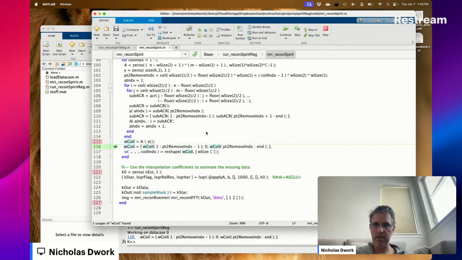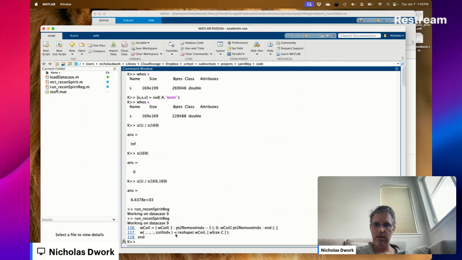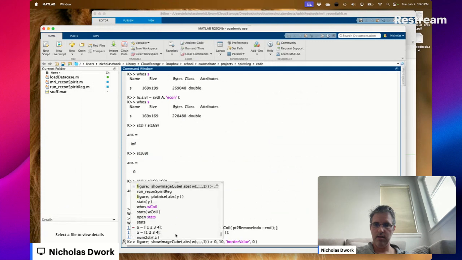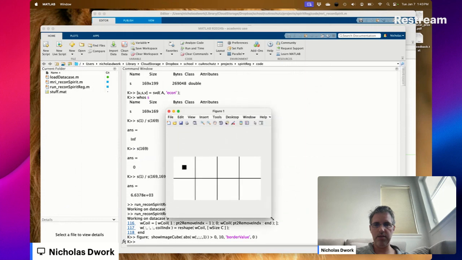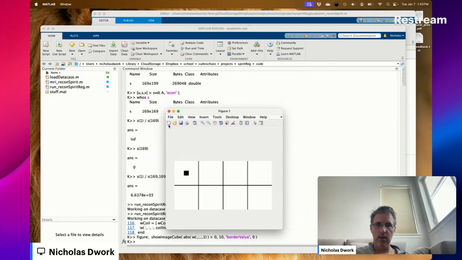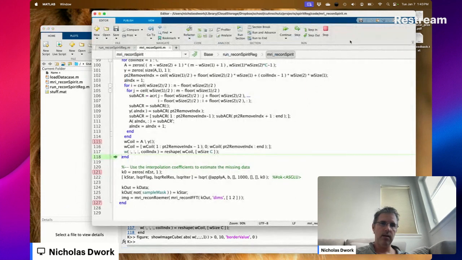Now it's overdetermined. I had to increase the size of the calibration region. When I do that, I get a 0 only where it should be.